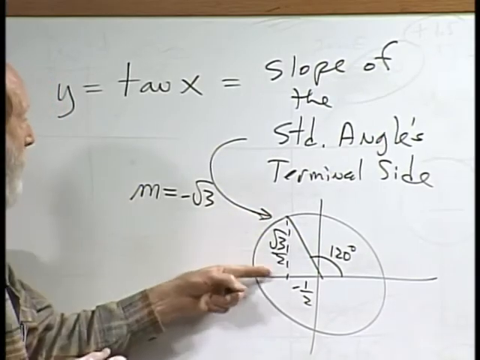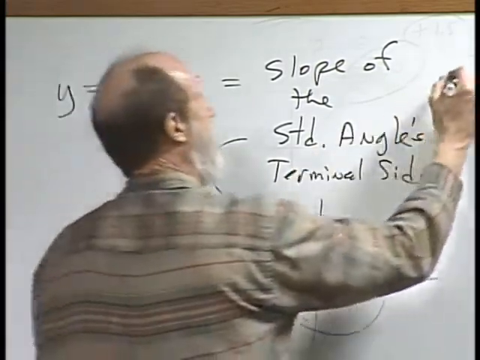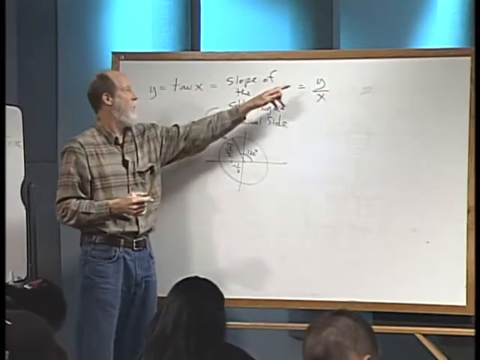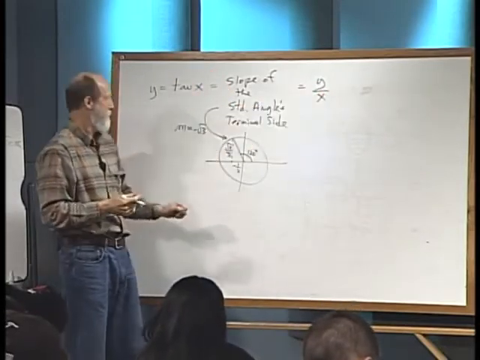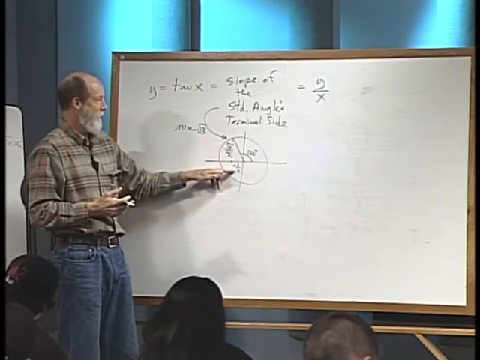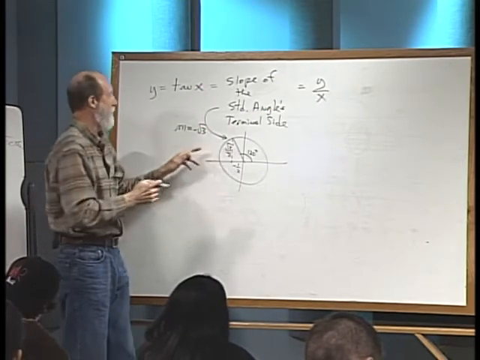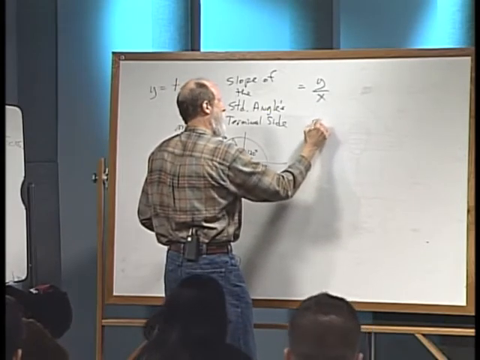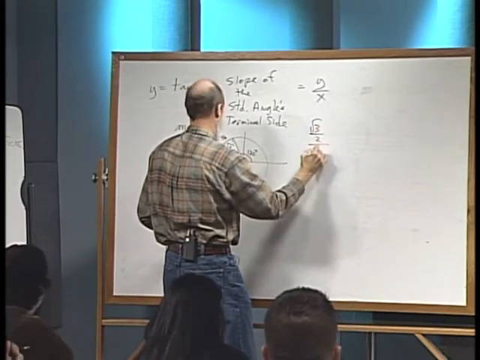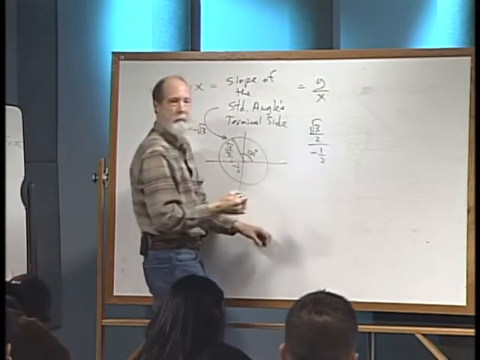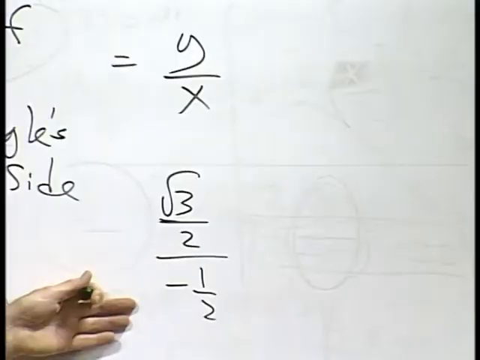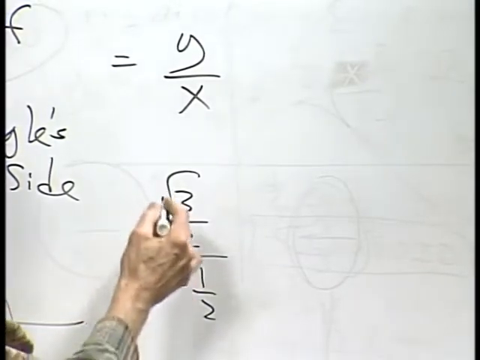If you take the y over the x. That's the other way of thinking of this, y over x. Y divided by this, multiply top and bottom of that fraction. I'll do it right here. This is called what kind of a fraction? Complex. It's called a complex fraction.